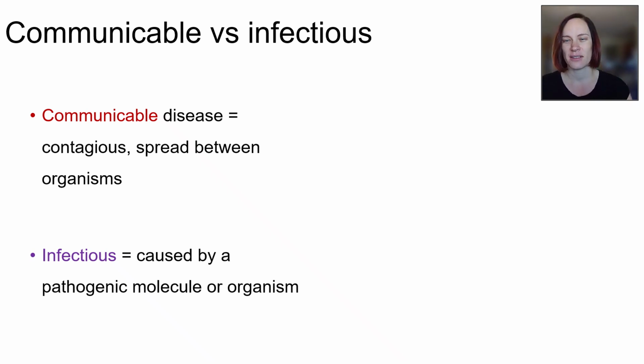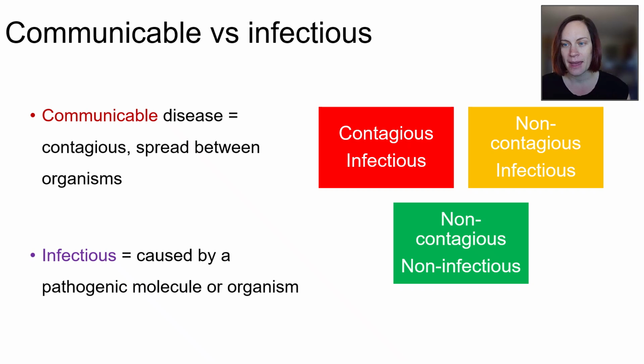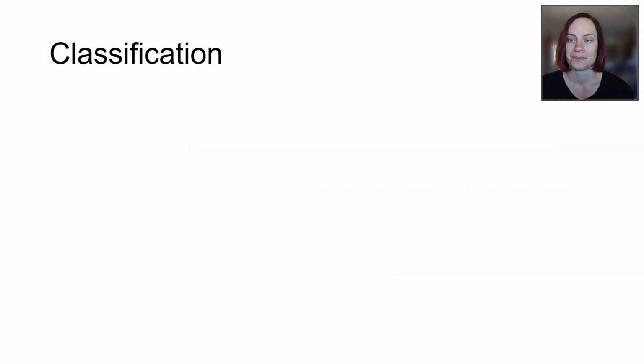So it's hard to kind of really think about how we would classify that, but if we're talking about, say, an infectious disease that is not contagious, you might be talking about, like, I've got food poisoning or something. So while I'm not necessarily going to give it to anybody else, it is still caused by an organism.